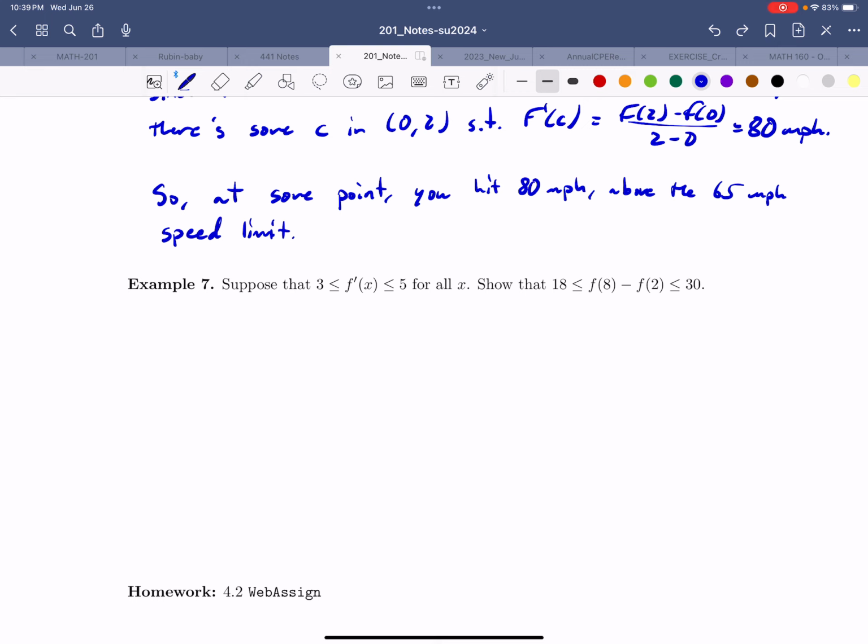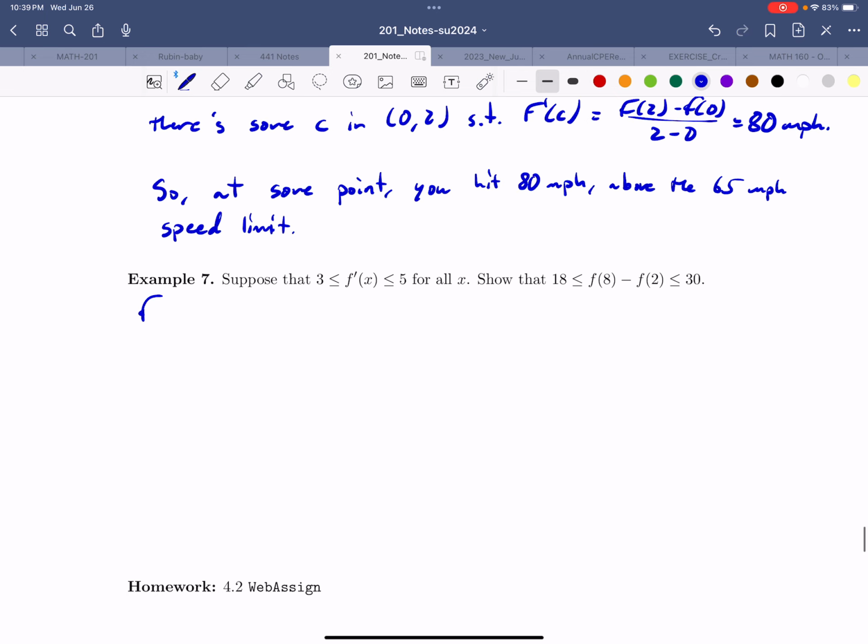So, one thing you might want to note is that we don't even know what f is, but we know that if its derivative is between 3 and 5 everywhere, then it's got to be continuous and differentiable on negative infinity to infinity.